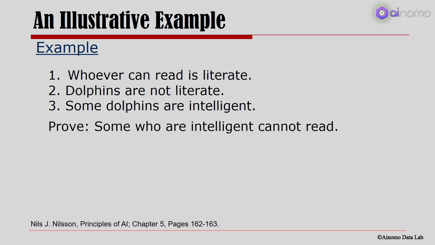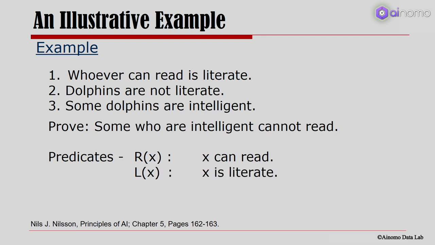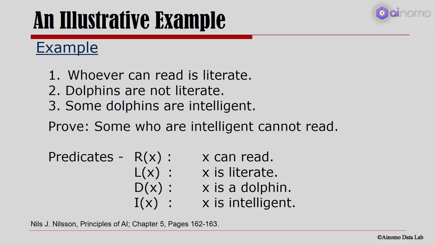We need to prove that some who are intelligent cannot read. Let's first make our choice of predicates. So, I have a predicate R(x) to say x can read, a predicate L(x), x is literate, D(x), x is a dolphin, I(x), x is intelligent.